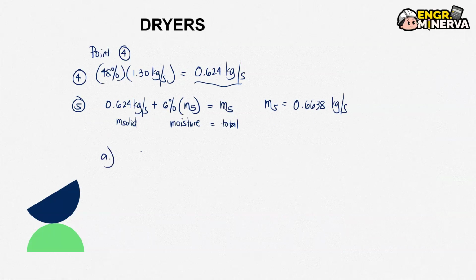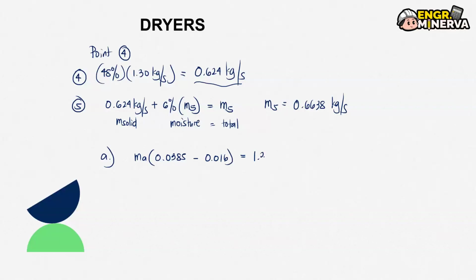So for A, the mass of air multiplied by W3, that is 0.0385, minus W2, which is 0.016, equals the mass at 4, which is 0.624 minus, that would be 1.3 pala.